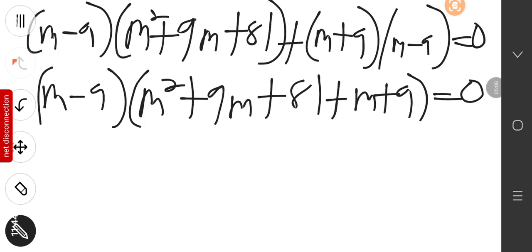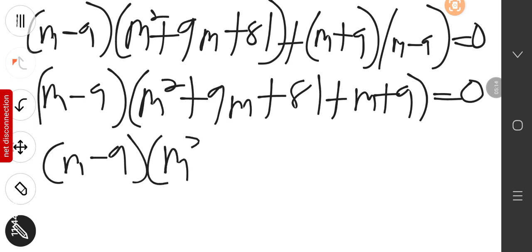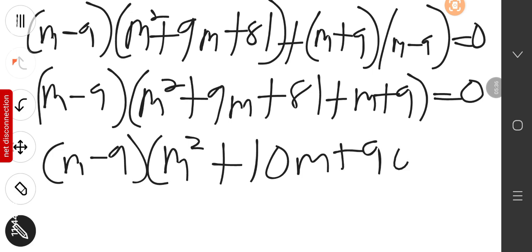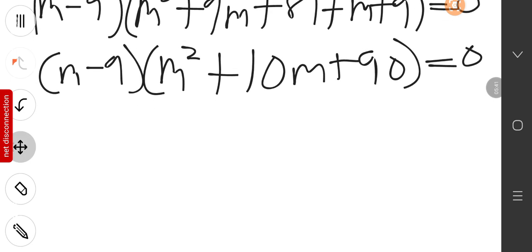So our equation becomes m minus 9 times m squared plus, we have 9m, then we have m. So when we add them, we get 10m. We are adding because they are like terms. And then we have 81 and 9. When we add, here we have 90 equals 0. So this is what we have.